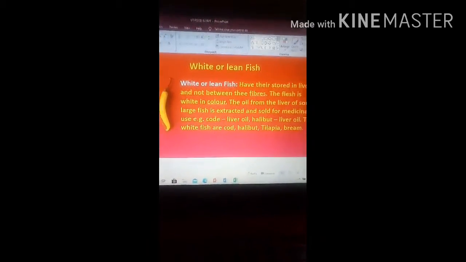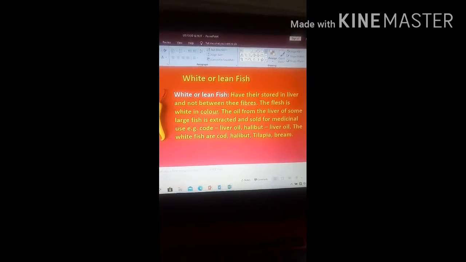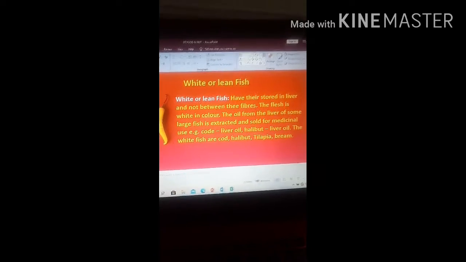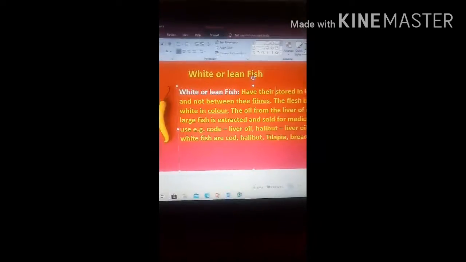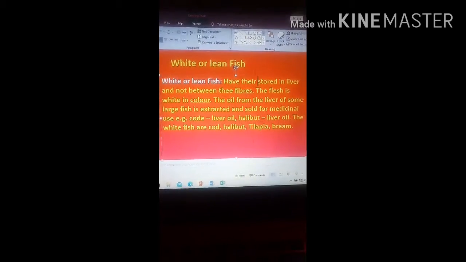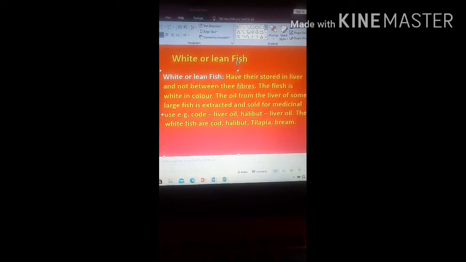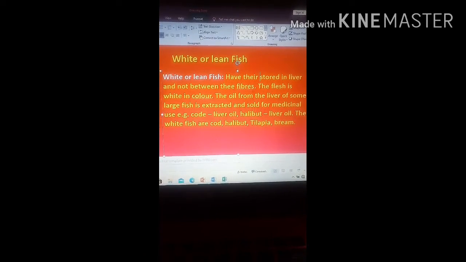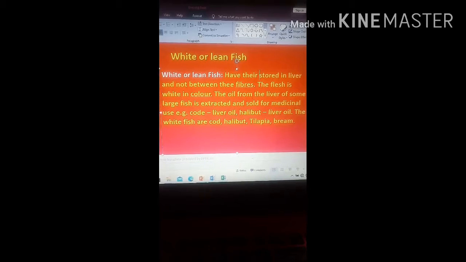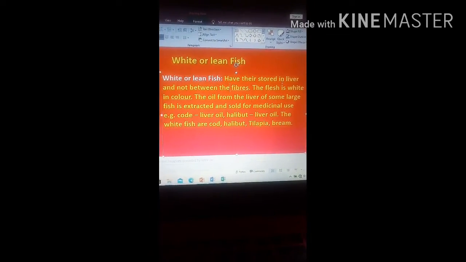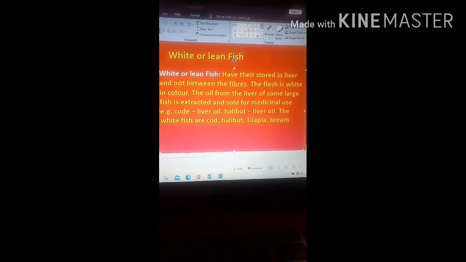What is white or lean fish? White or lean fish use their liver as their storage organ. They do not store things between their fiber. The flesh of this kind of fish is white in color.